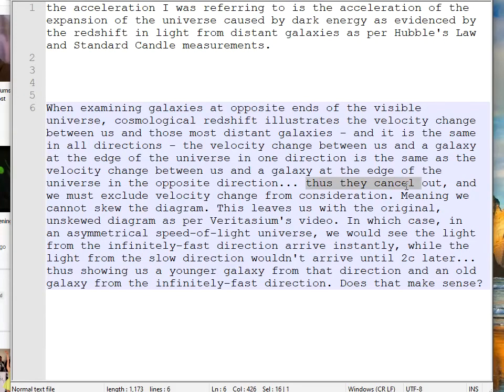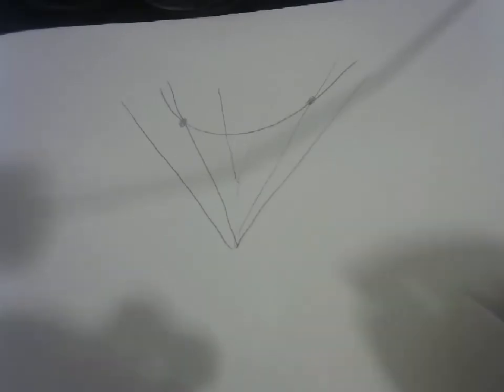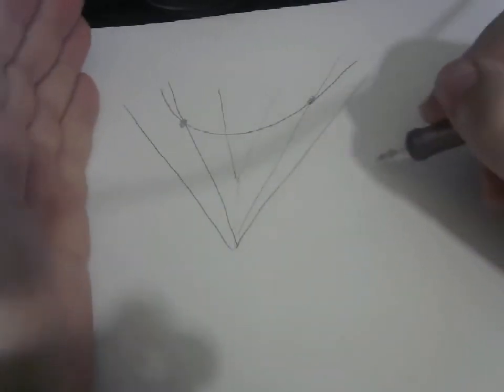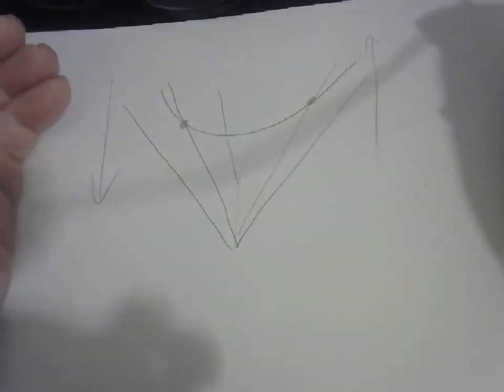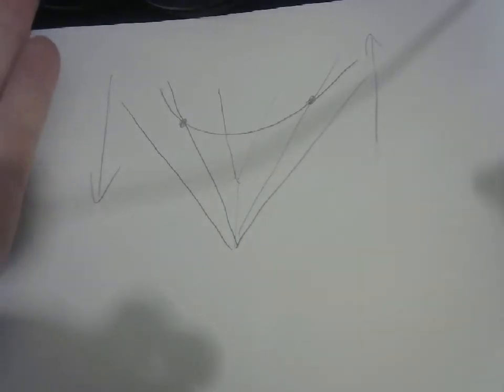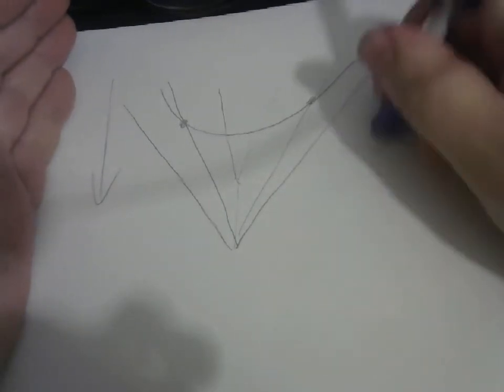Thus they cancel out, and we must exclude velocity change from consideration, meaning we cannot skew the diagram. Now, in Veritasium's video, they skewed the diagram so that they brought one side up and the other side down like that. And I don't know if you can skew the diagram like that or not.